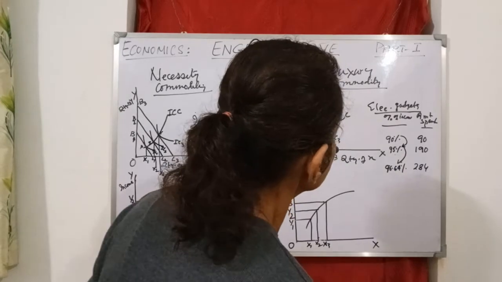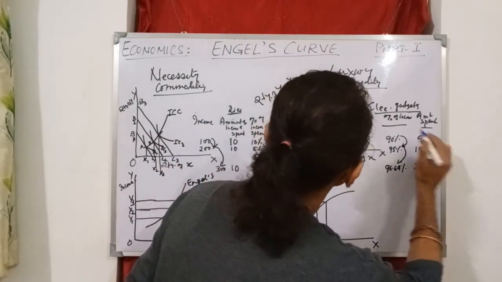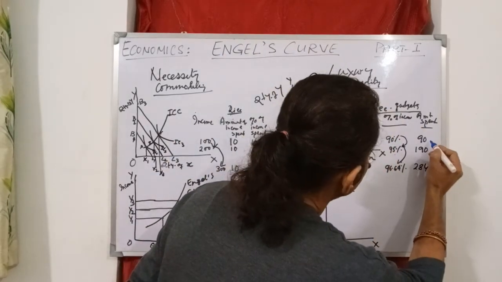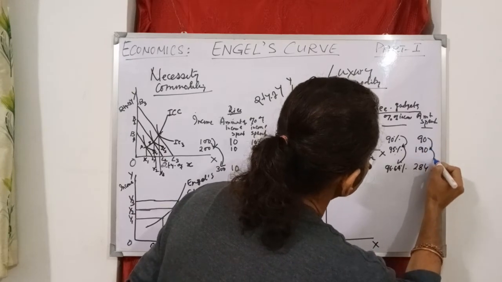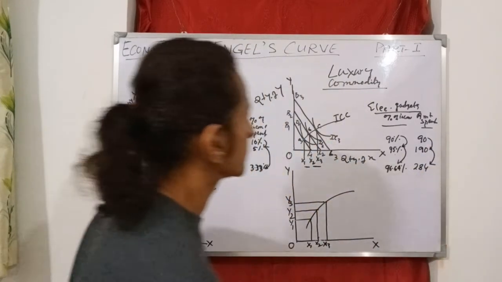And in absolute terms, the amount spent on this luxury commodity is increasing from 90 to 190 to 284.